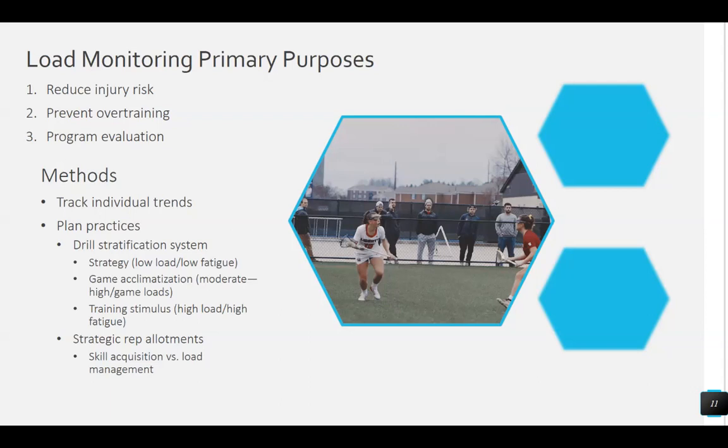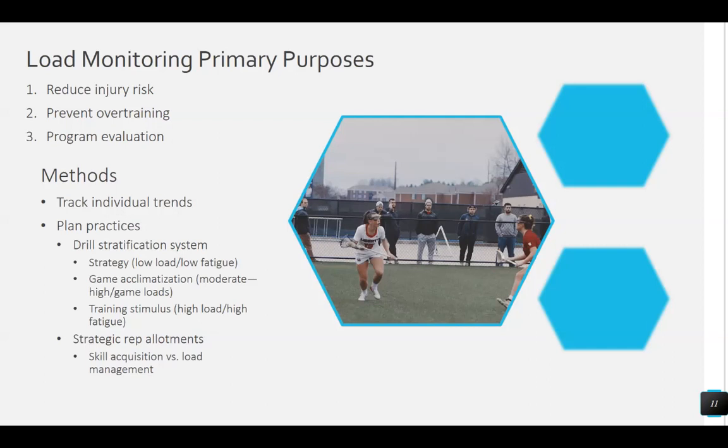It's going to probably surpass what they're going to experience in a game, but that's because we're looking for a training effect rather than what we would see more in the in-season period of a maintenance effect, where we want to kind of match the game setting. We want to avoid detraining, but we don't want to provide such a high load that the athlete isn't ready to go once we get back around to the game scenarios, which are typically later in the week or weekends.